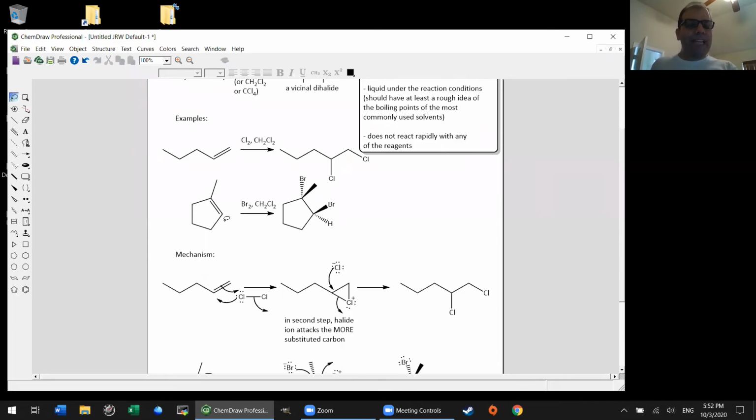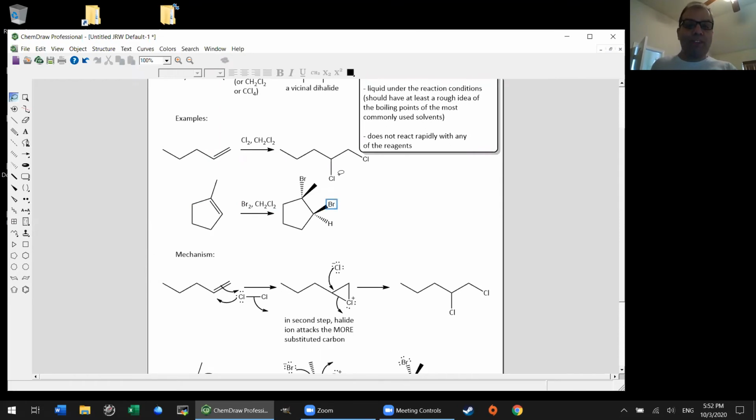But it's a little easier to see what's going on in terms of stereochemistry, especially if the starting material is cyclic, like this compound here, 1-methylcyclopentene. If we treated this with elemental bromine in one of those halogenated solvents, I would expect that we would get this compound plus the enantiomer, since again, you would get both. There's nothing that governs stereochemistry to the point of preferring one enantiomer over the other.